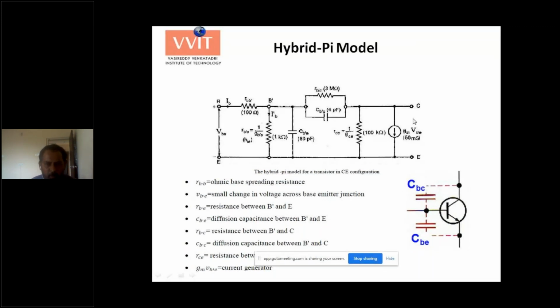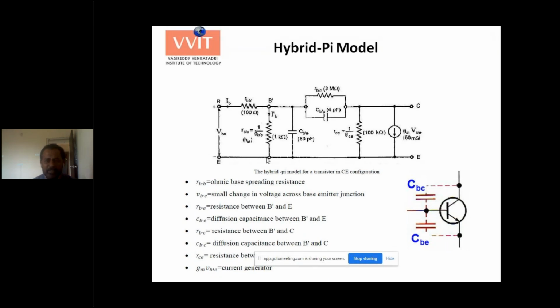Now we have one more. It's not a parameter. There is a dependent current source given by gm VB'E. So essentially, this says the output current of the transistor depends on input voltage. We always say the transistor is a current controlled current device, which means so many relations are derived like that.